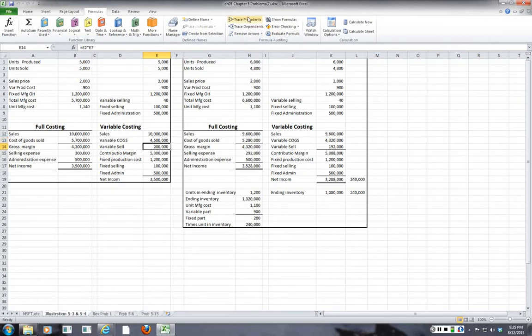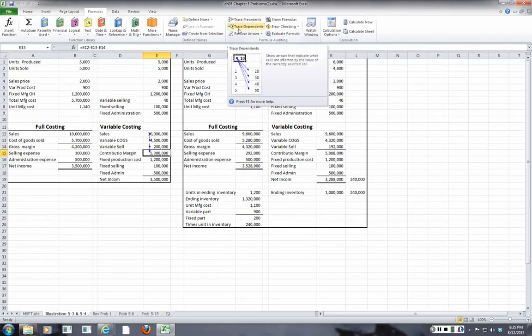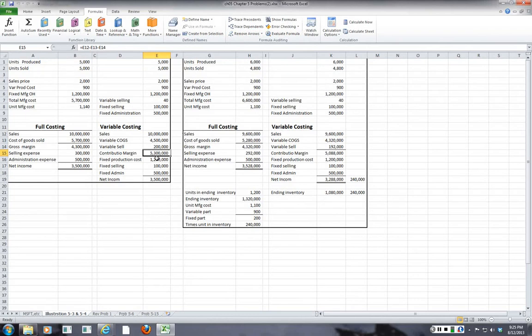And from that, we also deduct the variable selling cost, which is 5,000 units multiplied by that $40, gives us $200,000. So the contribution margin is that $10 million minus the $4.5 million variable cost of goods sold minus the $200,000 of variable selling cost to come up with a contribution margin of $5.3 million.